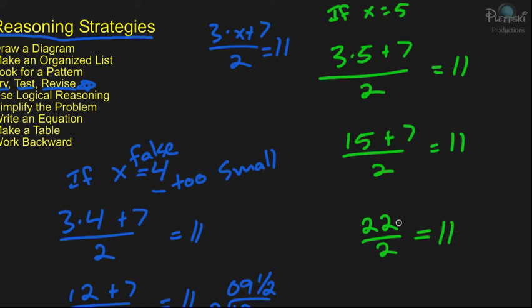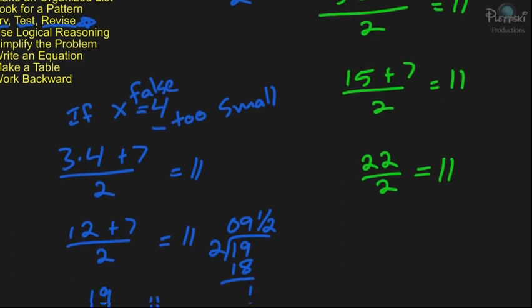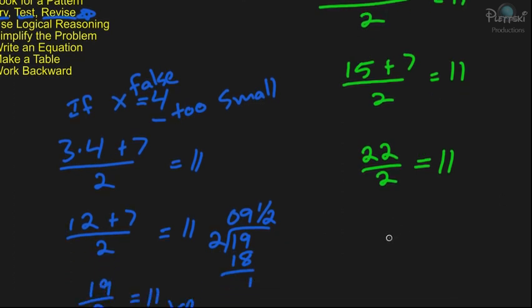This is looking a little more promising. Let's find out. What happens when we divide 22 by 2? Well, 22 divided by 2. 2 goes into 2 once. And 2 goes into the other 2 once. And you're left with 0.